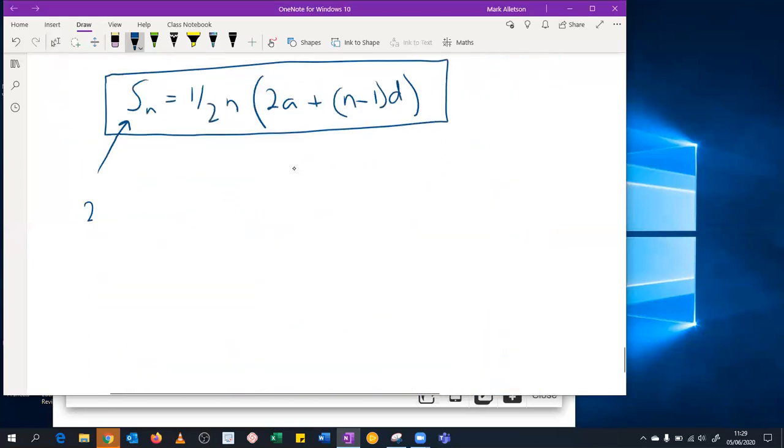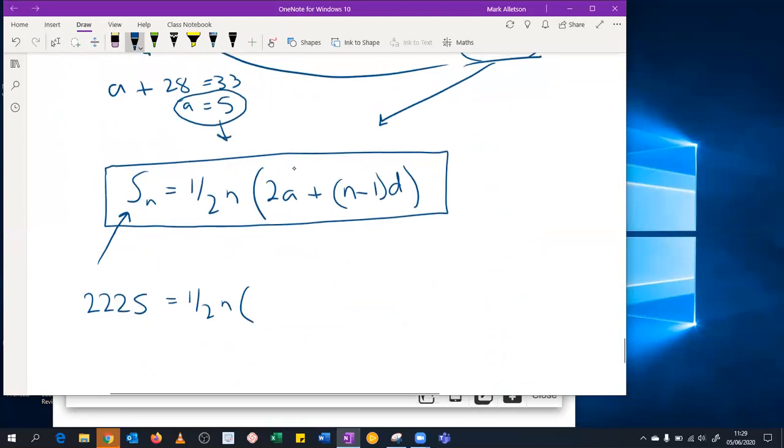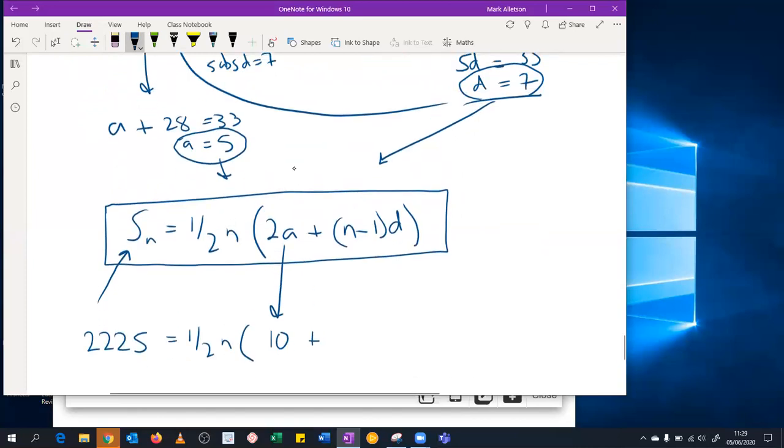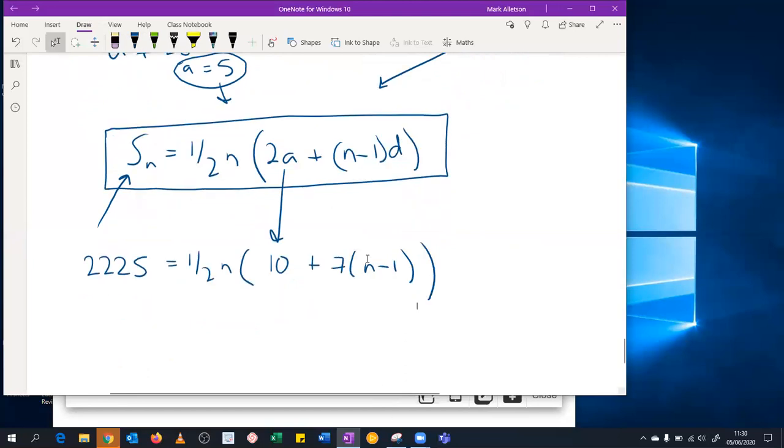That means that 2,225 is equal to a half n brackets. Now 2a becomes 10, because a was 5, plus (n - 1)d, well, d was 7, so I'm going to write it as 7 bracket n minus 1, close bracket. Now I'm going to expand inside.